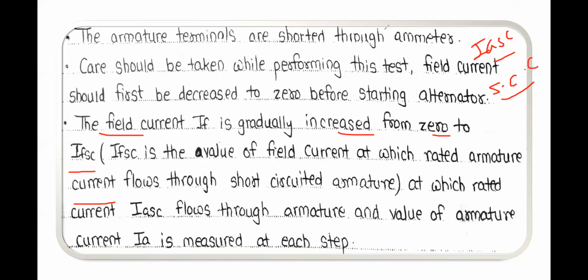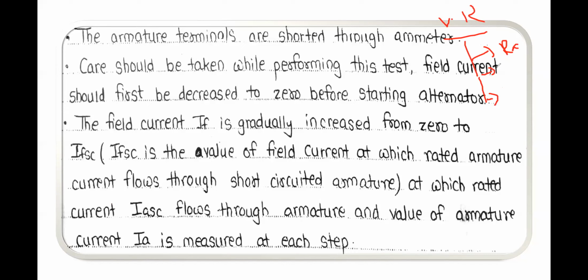Now at the end I can conclude how to calculate voltage regulation. To calculate voltage regulation in the indirect method, what are the 3 parameters I use? First is the armature resistance, second is VOC, and third is ISC.